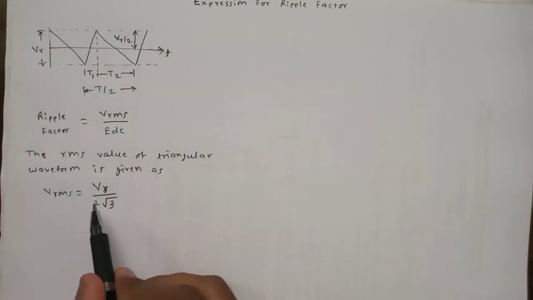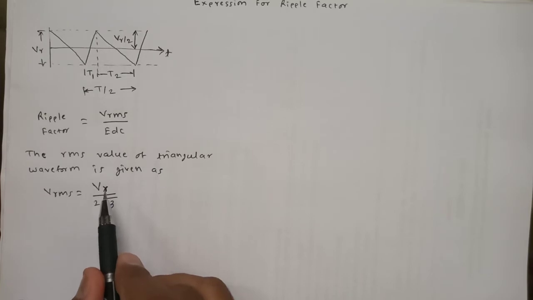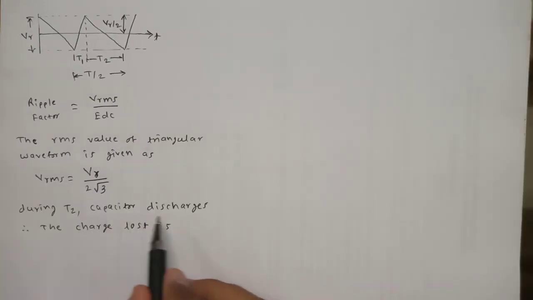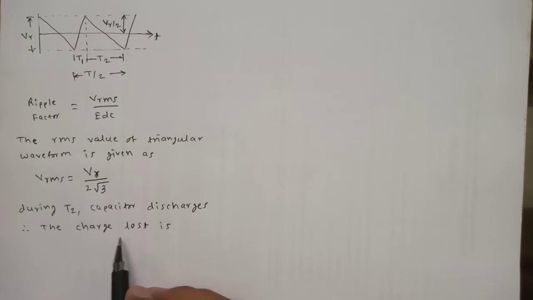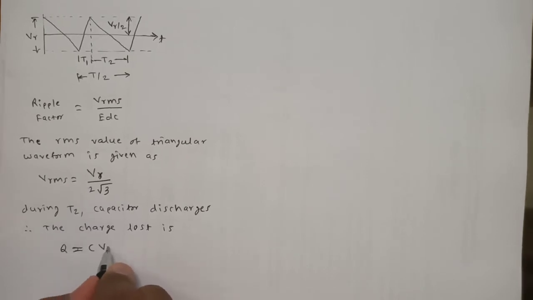So it is accumulating the charge during t1 and it is losing its stored charge during time t2. During t2 the capacitor discharges and we will use the equation which indicates the charge lost, given by the basic equation of charge, Q is equal to C into VR.